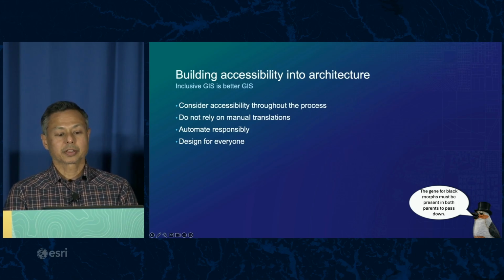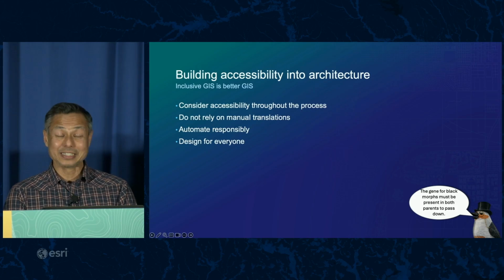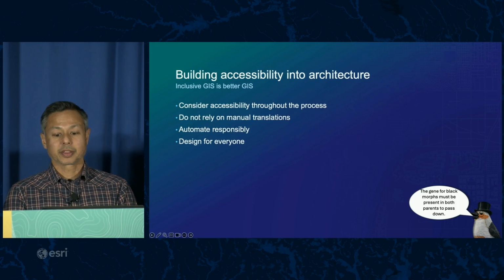Consider accessibility throughout the process, and I really want to stress that you don't want to retrofit accessibility. It never should be an afterthought. We should always have this type of discussion from the get-go of your project solution. So, if possible, think of it as early as the planning and design phase of your app, right?